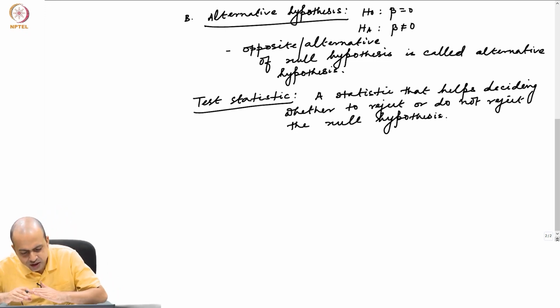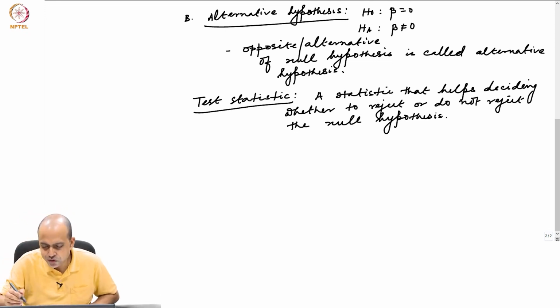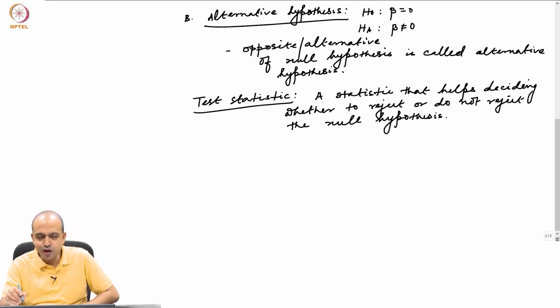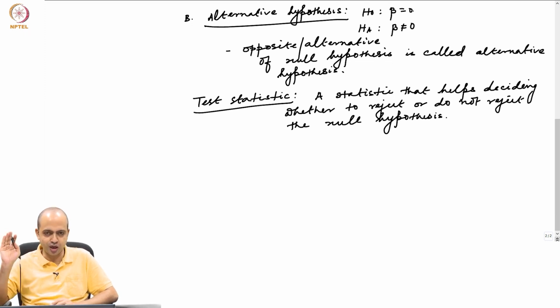Now, why are we rejecting or not rejecting the null? Because when I say H naught: beta equals 0, if you reject the null hypothesis, then only can you establish your claim, isn't it? So our objective in hypothesis testing is either to reject or not reject the null hypothesis. If we can reject it, then we can establish our claim.